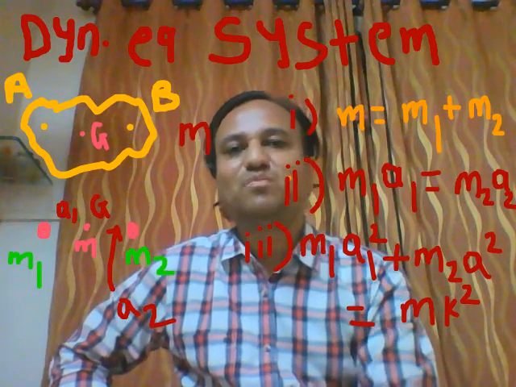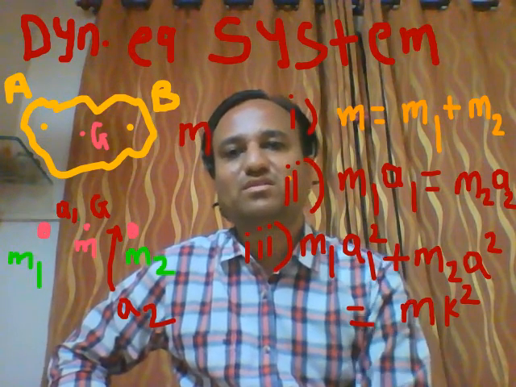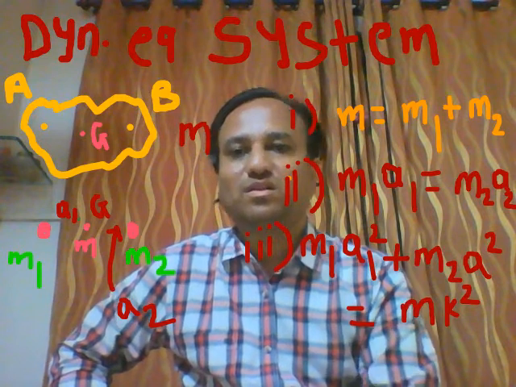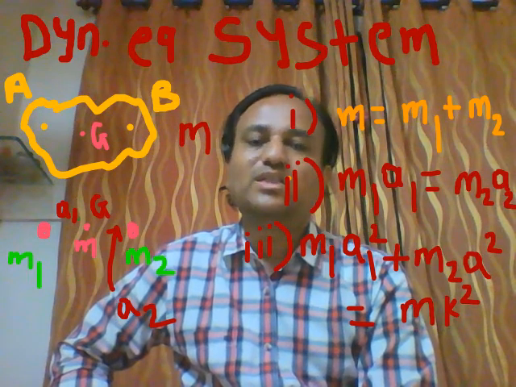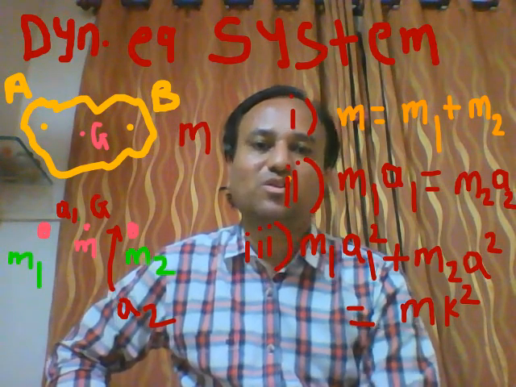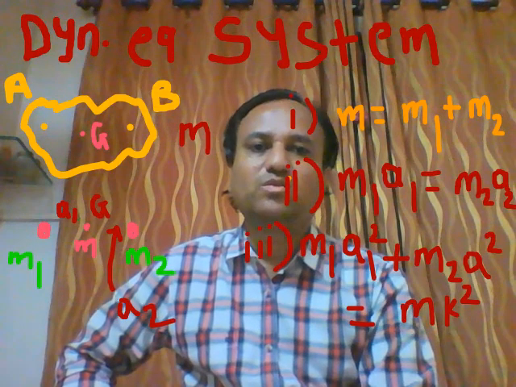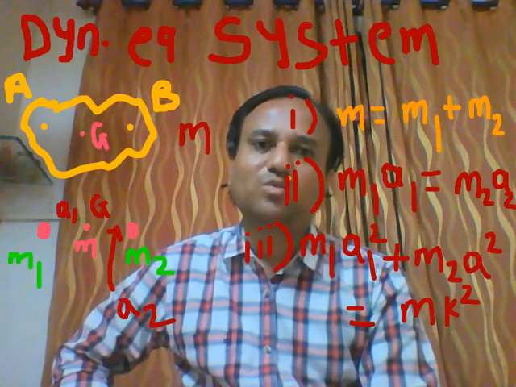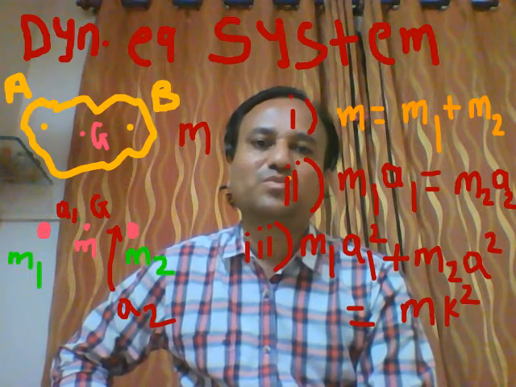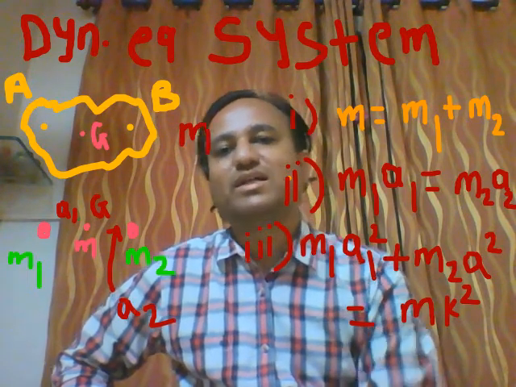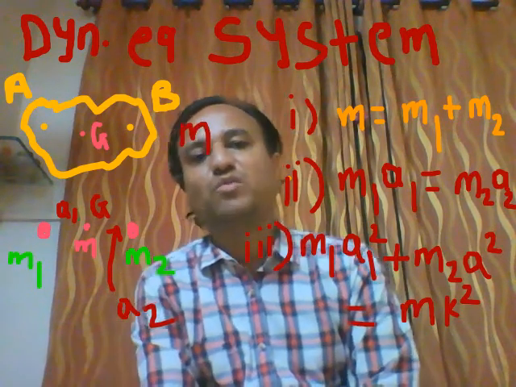If the body is in rotation, the rigid body is subjected to a rotational torque. So T is equal to I alpha. To calculate torque, you have to know I. Alpha is the angular acceleration of the rotating body.